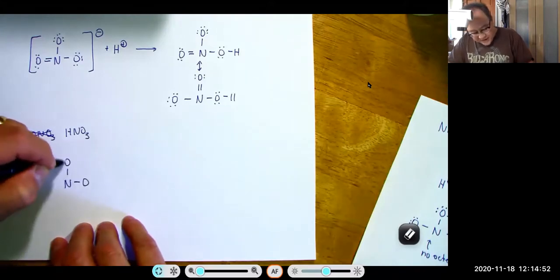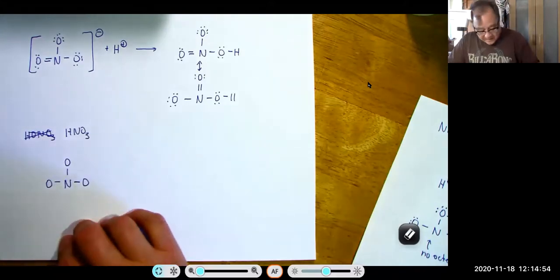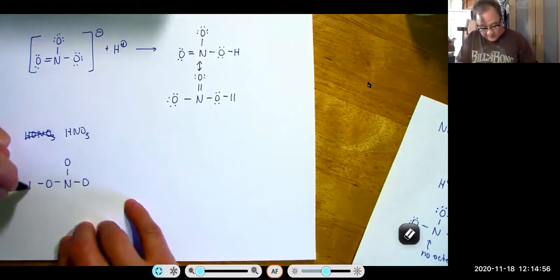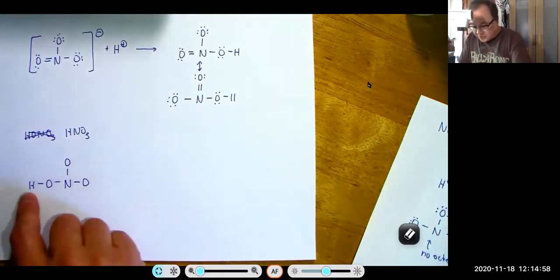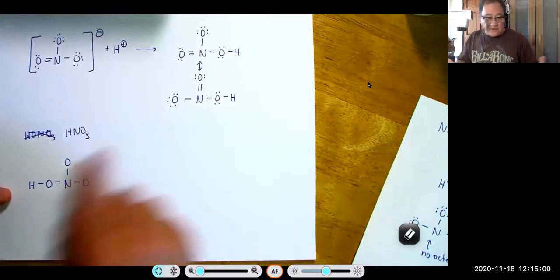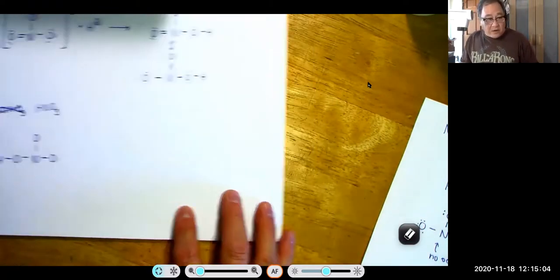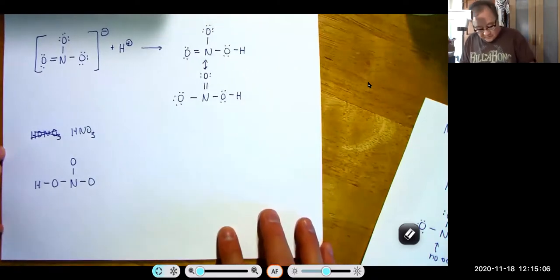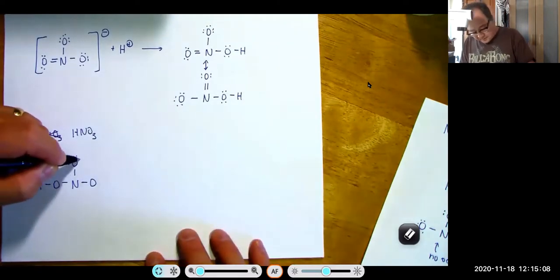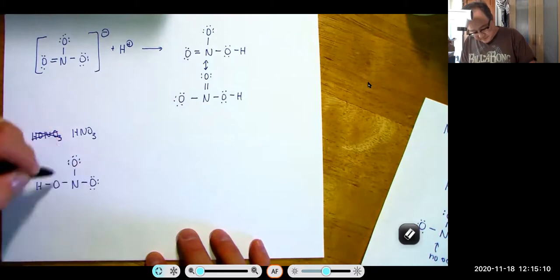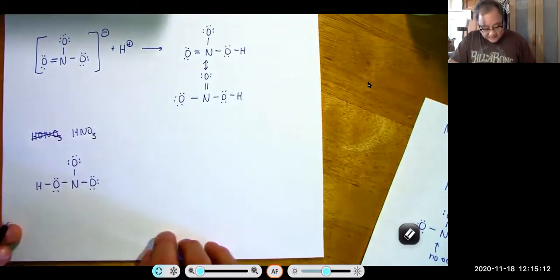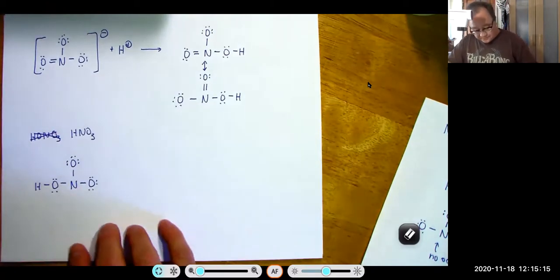The oxygens are attached to that middle atom, and the hydrogen attaches to one of the oxygens. In this case, I put the hydrogen here on the left instead of on the right, but that's okay. Now, when I put lone pairs in here, that's what you get, and the nitrogen does not have an octet.